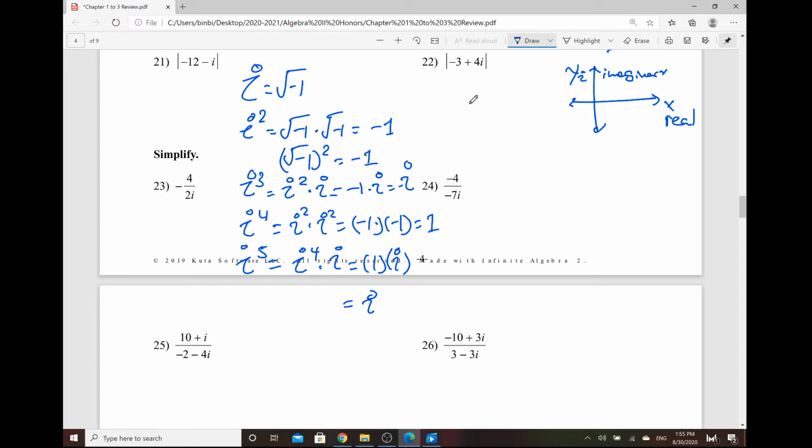So it's 3 units to the left, and then 4 units up. 1, 2, 3, 4. So you see the point here is called the endpoint, and then this is supposed to be pointing with an arrow, like a ray in geometry. As you can see, I put in a dotted line here.